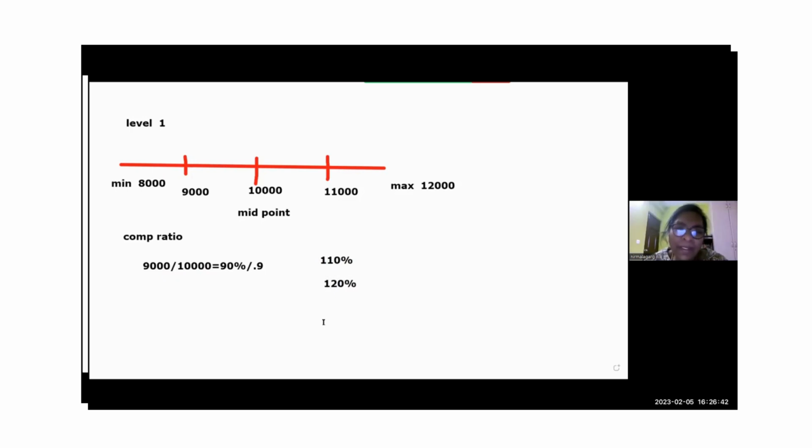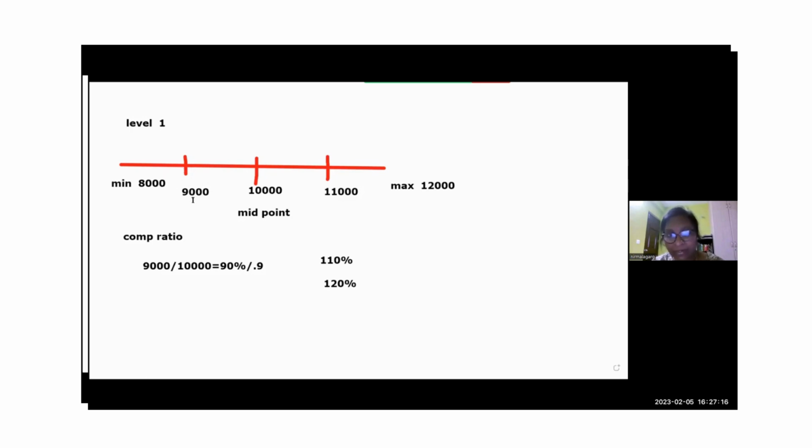But why should I calculate? What is the advantage? With the help of Compa-ratio, I get an understanding as to how far or how near my base salary is vis-a-vis the midpoint. Say for example, a person at a 90% Compa-ratio, I know this person must be either new in the organization or with just a few years of experience, maybe 1 to 2 years.